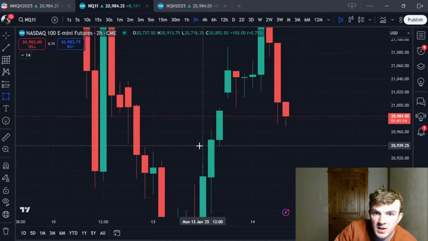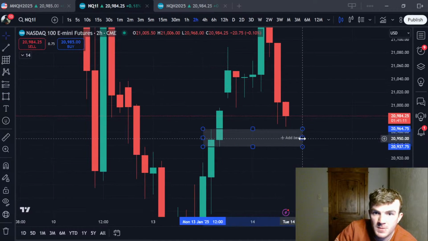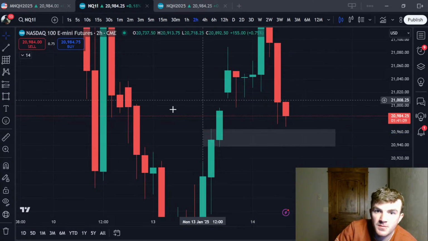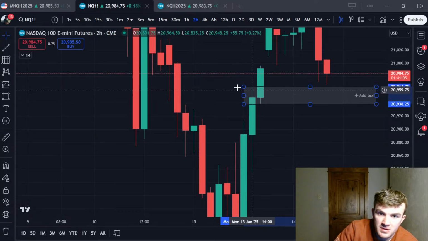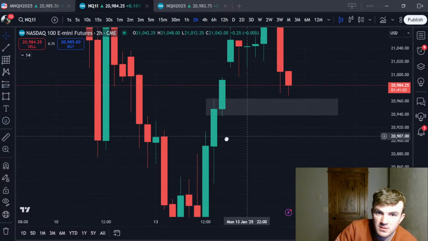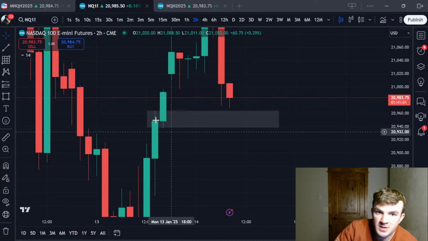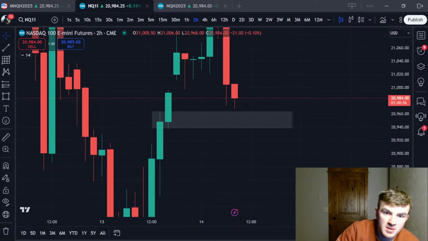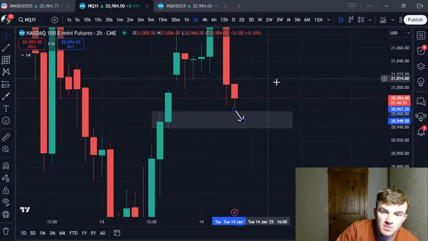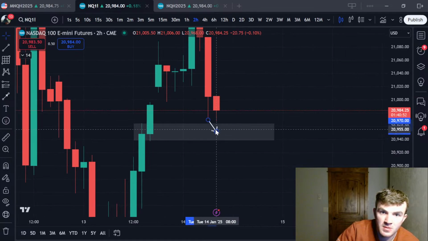We got this hidden order block here, where you have the wicks in between two fair value gaps. So maybe we come down into this possibly. It's possible, right?